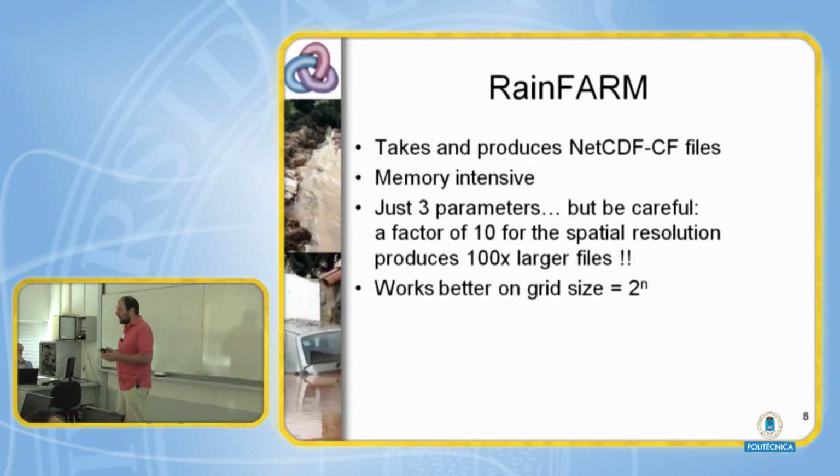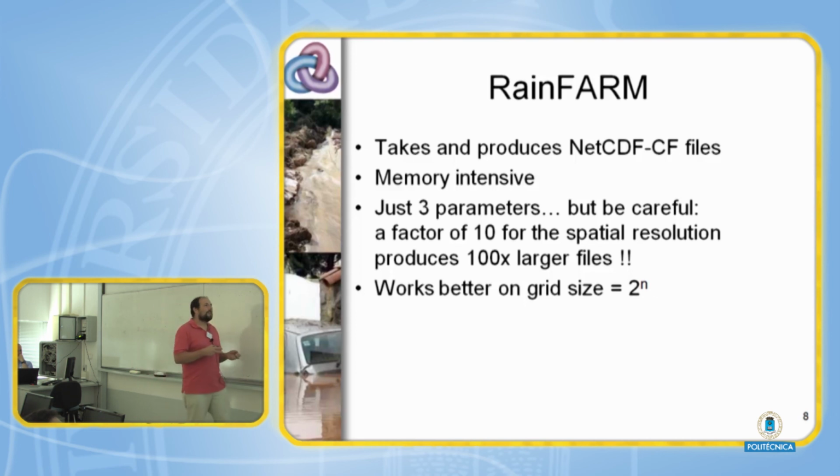The second kind of application we are considering, the stochastic downsampling, is way easier to set up. It requires just 3 parameters: the number of ensemble outputs that we want, and 2 factors. One is for spatial resolution, and the other is for time resolution.